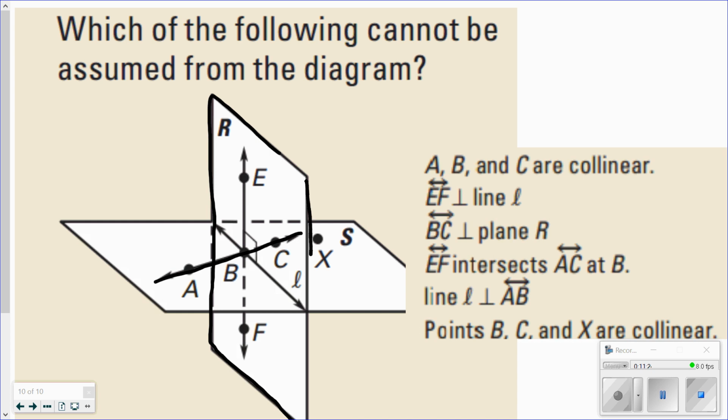All right, so if we look closely with this line and this plane, we do not see a marking. The other mark was telling us that line L was perpendicular to plane S, but we don't see any markings on this line to tell us that we have a perpendicular or a 90-degree angle. So this is something that we cannot assume. Even though it may look like it, we cannot assume because we do not see that marking.